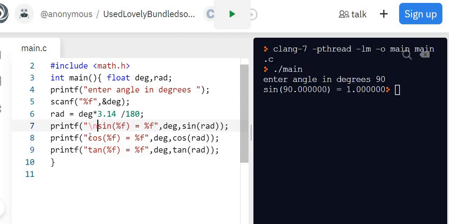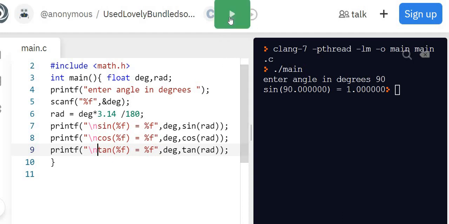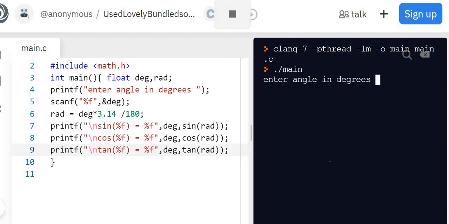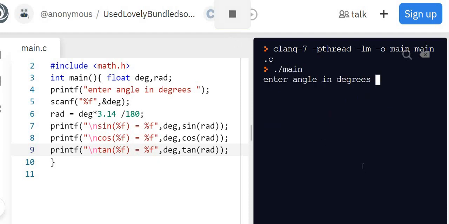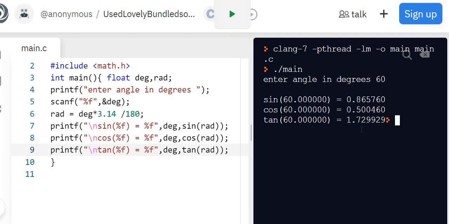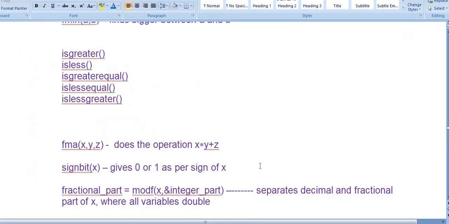So let's use \n for the next line. So enter angle in degrees. Suppose I enter 45. We know that sine and cos of 45 are the same and tan is almost equal to 1. So it's working fine. You can give any other angle also, whatever you know. Suppose 60. Then sine is this, cos is this, tan is this. Okay. So this is about sine, cos, tan, etc.